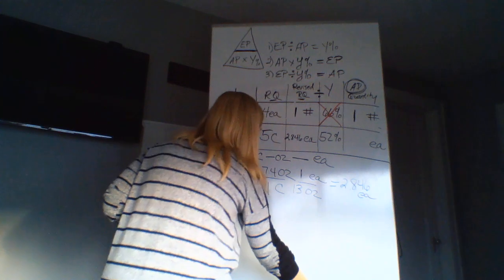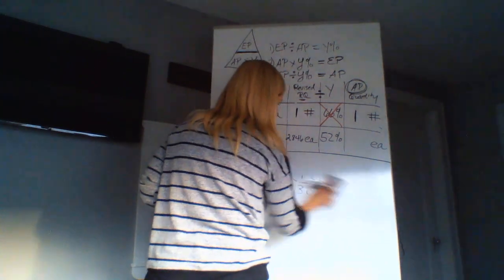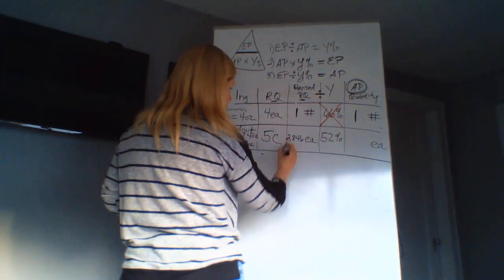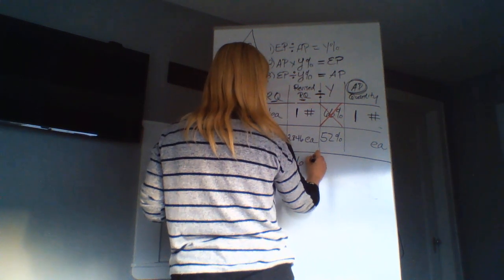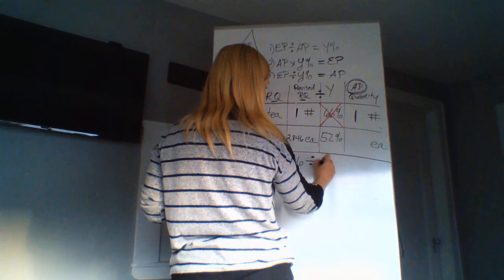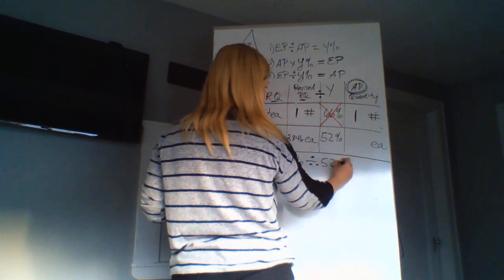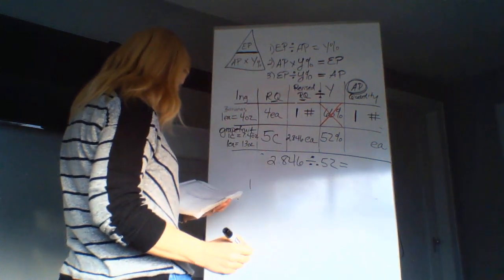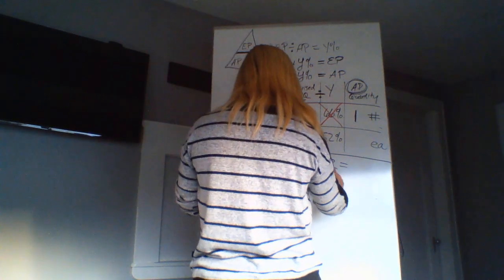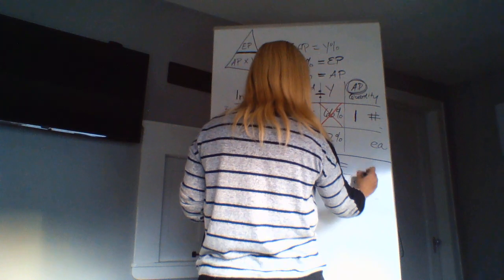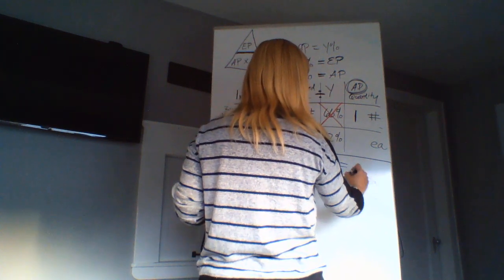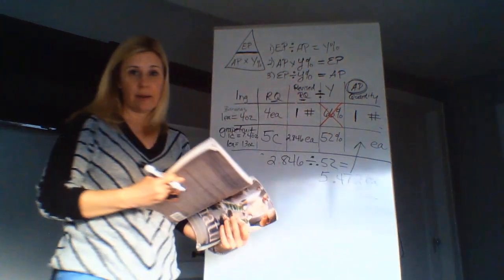So now what we're going to do is take this quantity, the 2.846, and divide it by our yield percent of 0.52. And when we do that, we are going to end up with 5.472 eaches, which we will put right up there.